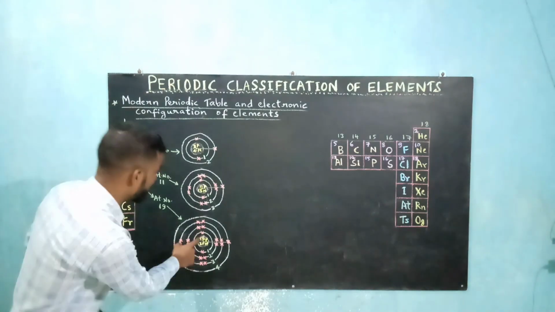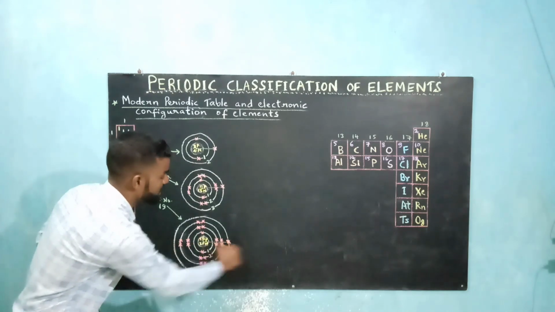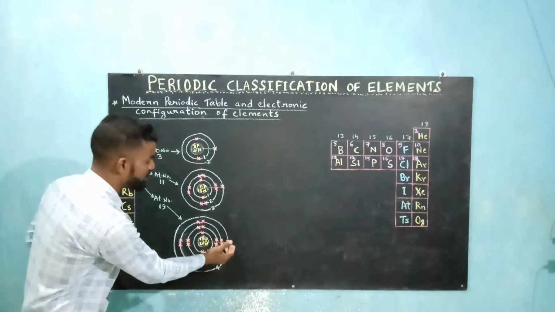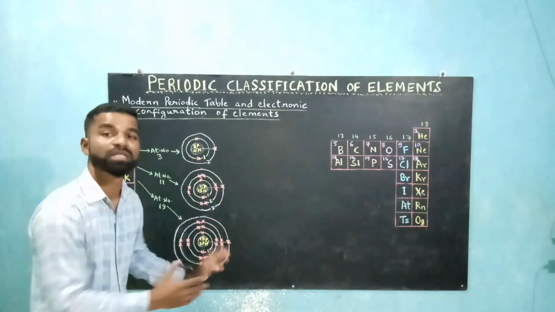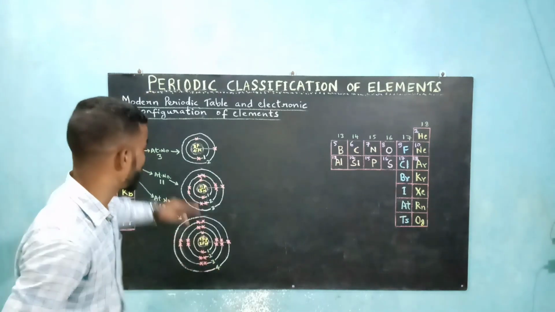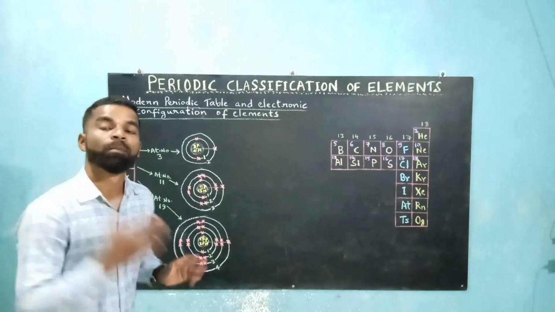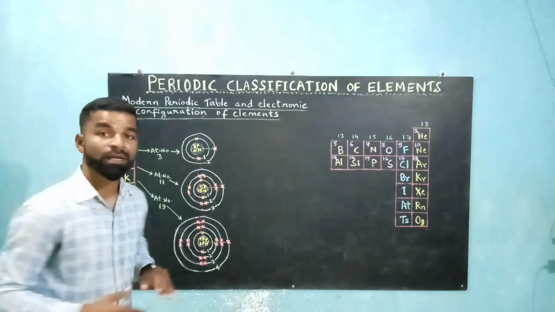Why? Because the power of attraction of the nucleus towards this electron, which has gone far, becomes less, and potassium can lose this electron more easily as compared to sodium or lithium, and this makes us say that potassium is more reactive than sodium or lithium.